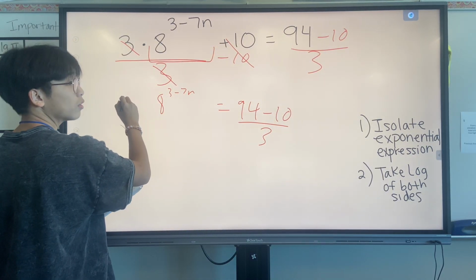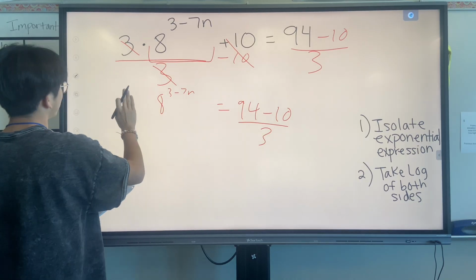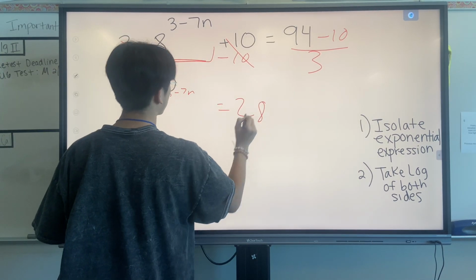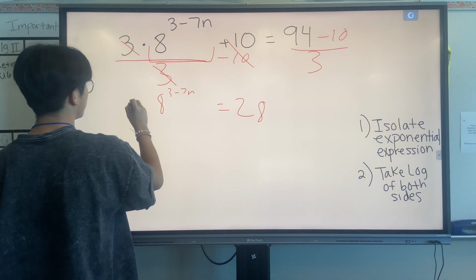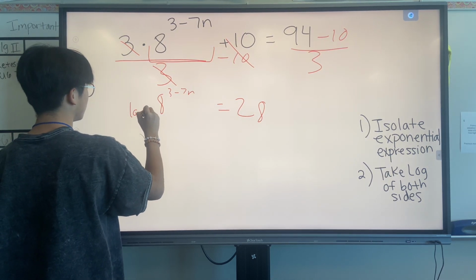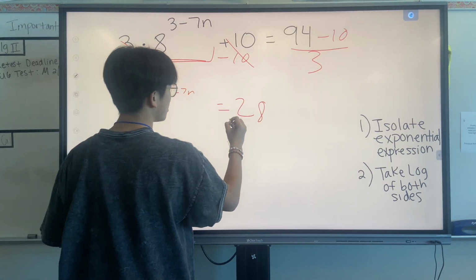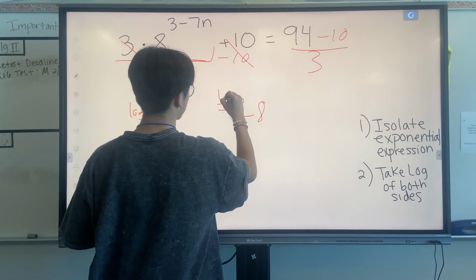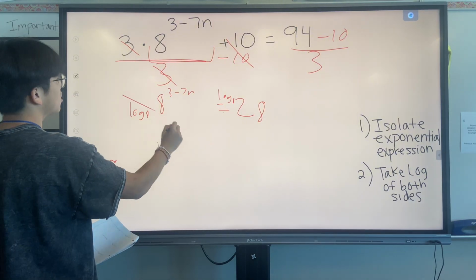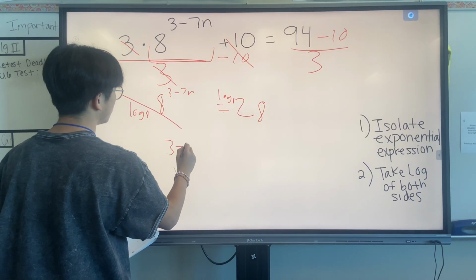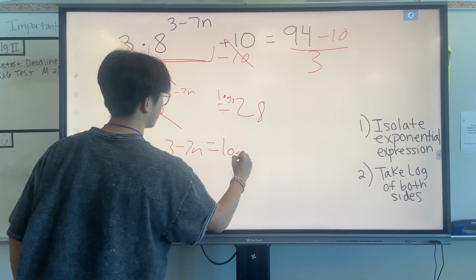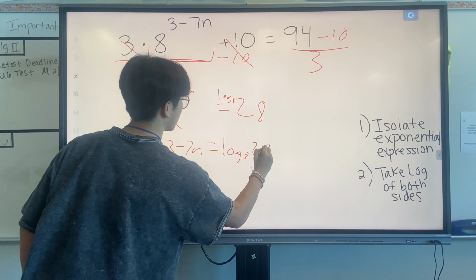Wait, let's simplify that big old fraction. What does that become? 28. 28, okay. Then you add the log base 8 on both sides. And then these will cancel out, and then you're left with this.